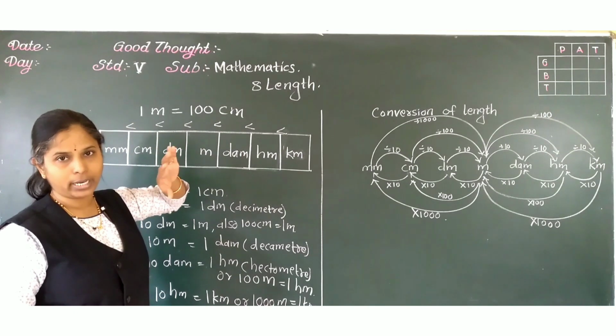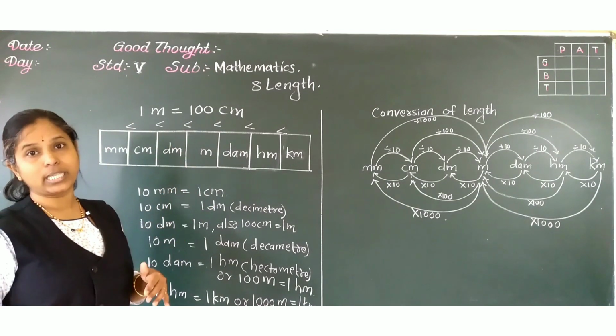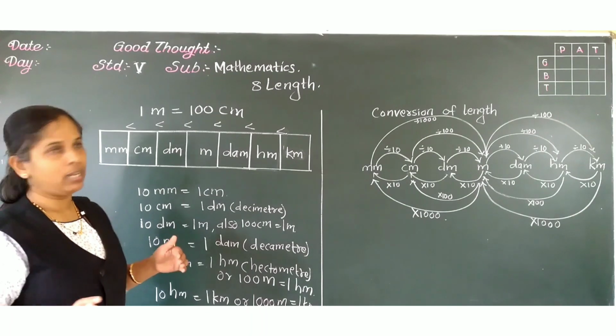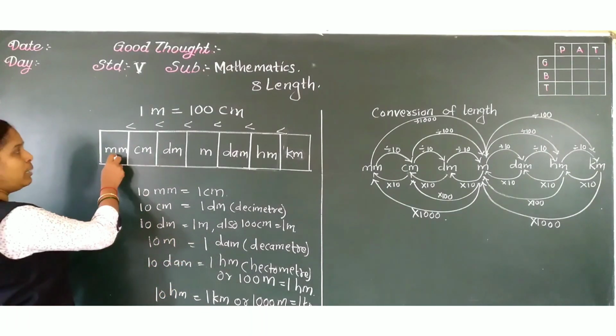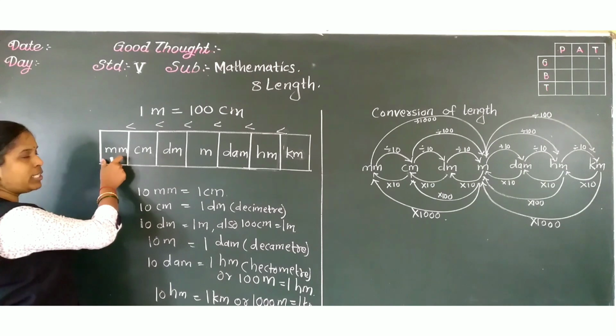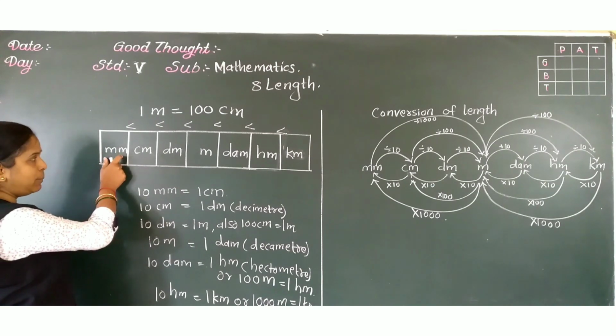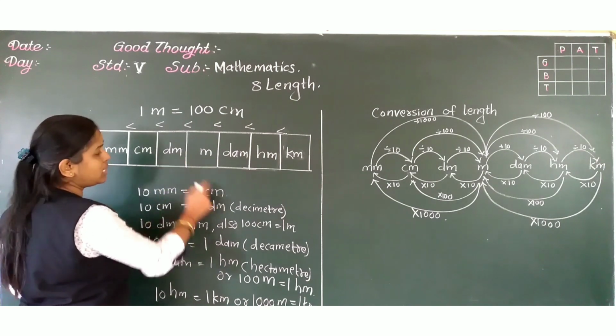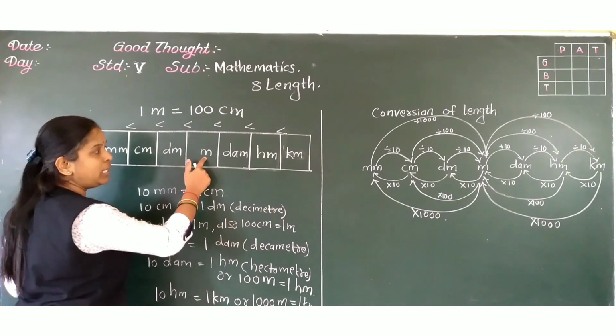This we know. But what are the other units and how they are related to each other, that we will see in detail. So see here, the smallest unit of length is millimeter. Then centimeter. Then dm is decimeter. Then meter.